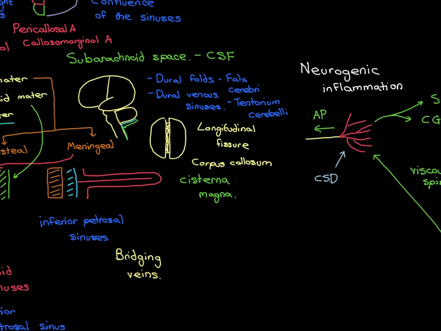And again, the basis for that referred pain is that the nociceptive afferent central processes from the meninges are going to converge onto the same second-order neurons that primary nociceptive afferents from the peripheral sites that are coming in the maxillary nerve are going to be synapsing onto. And then the brain interprets the activation of those second-order neurons as, oh, it was activated by the peripheral primary nociceptive afferent, i.e. it's coming from the peripheral area, not the meninges.